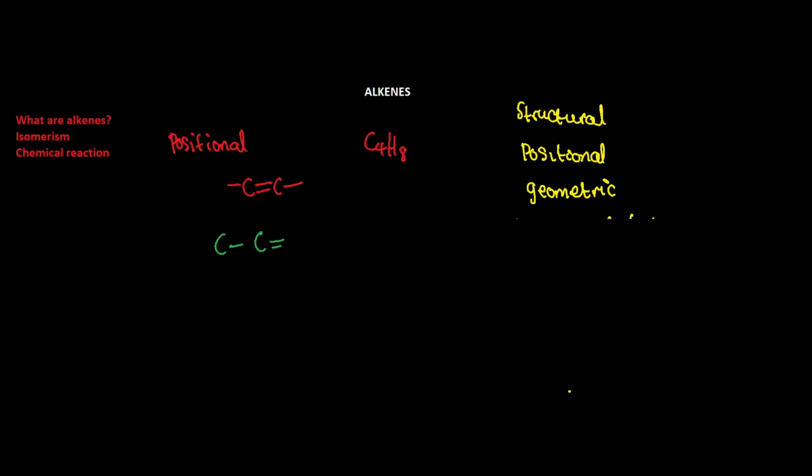Now, drawing out this structure, if we have something that looks like this, and of course we'd fill in our hydrogen atoms, and then we also have something that looks like this.